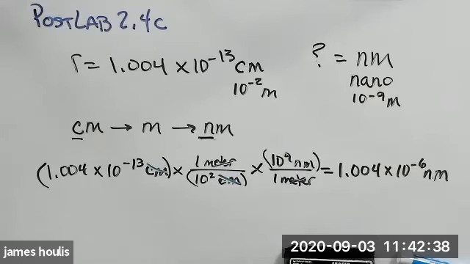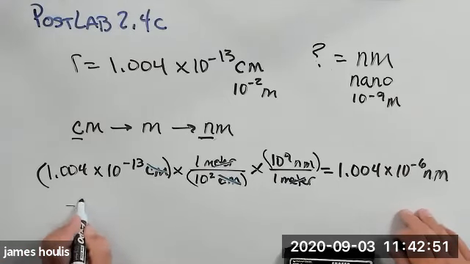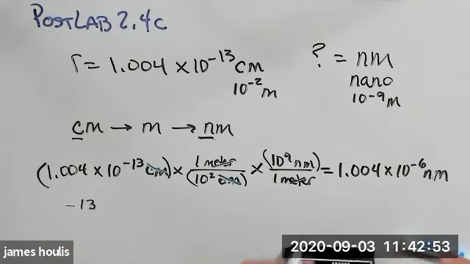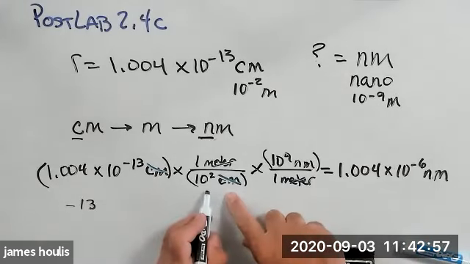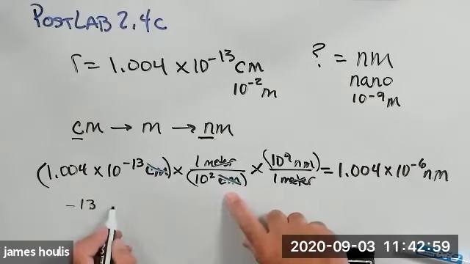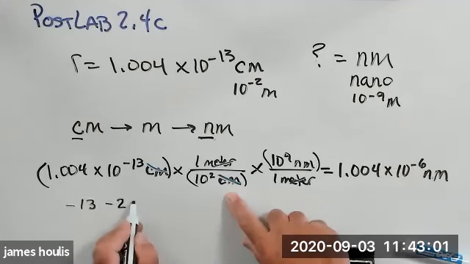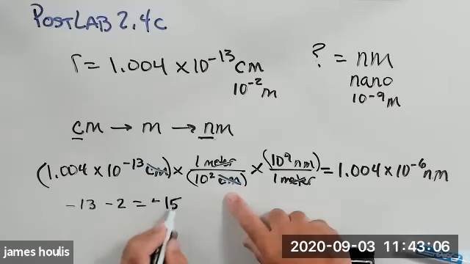Another thing that we need to always keep in mind is, does our answer make sense? One of the ways we can tell is to do a quick calculation using the exponential rules. If you divide by an exponent like 10 to the 2, you take the exponent of the first number and subtract the exponent, and that gives us minus 15 in this case.